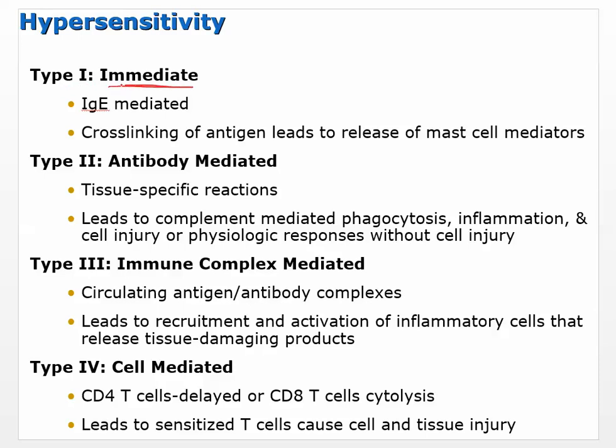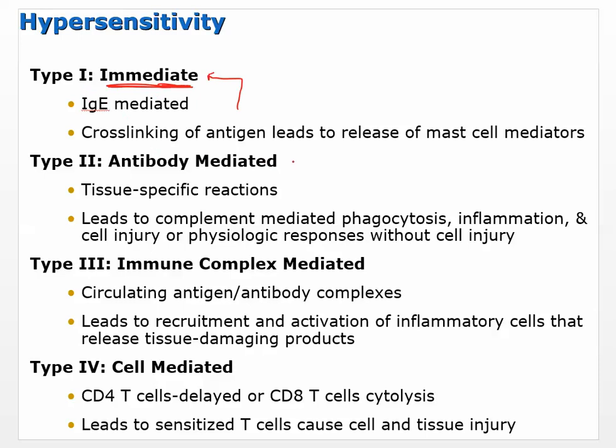Okay, so that's a big way to understand when this shows up on a test or something like that. If it says, within a couple of hours this started happening, then you can kind of start to go in this direction and think maybe that's going to be a type 1. You'll have to look at some of the other details that we're going to talk about as well, but that's the thing. Type 1 is immediate.